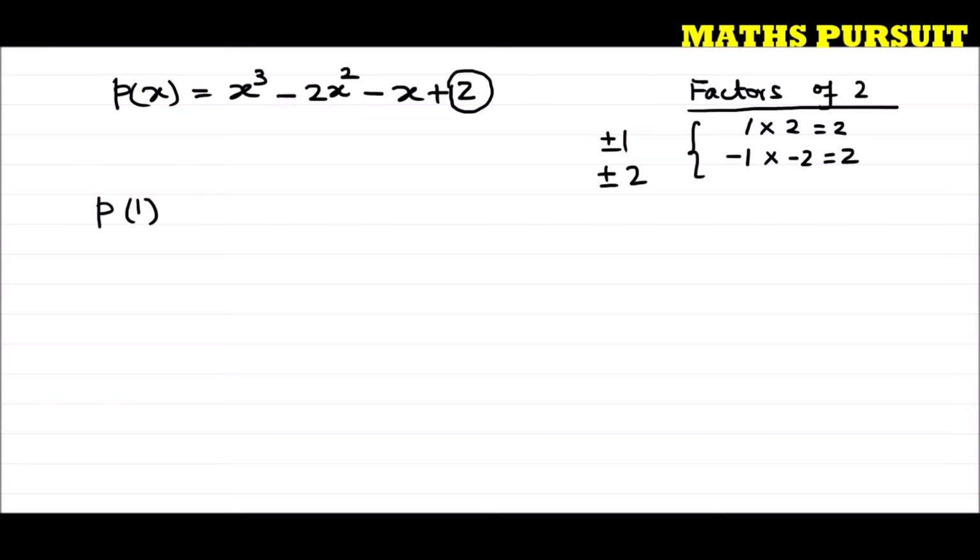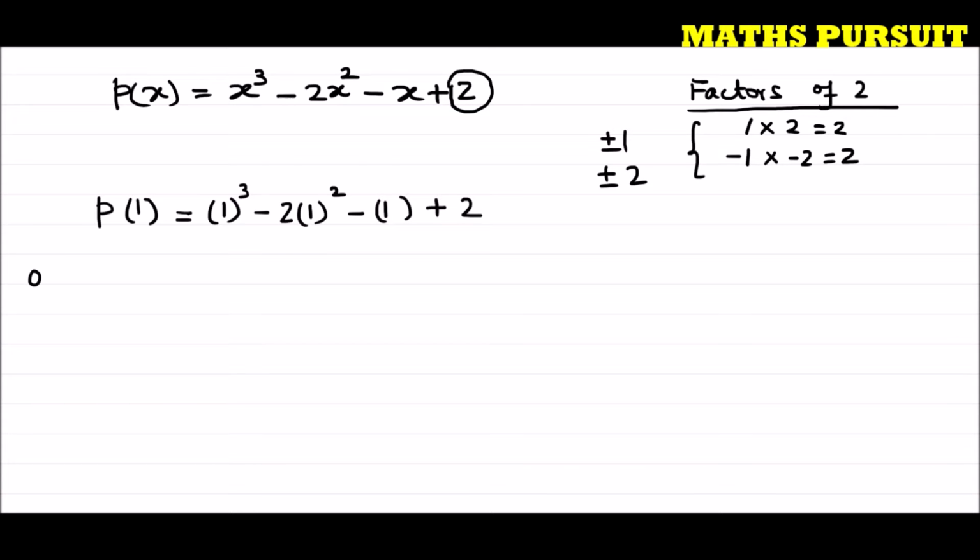Now, I am going to start with p(1). That means when x is equal to 1, or replacing the value of x with 1, I can write p(1) is equal to 1 to the power 3 minus 2 into 1 to the power 2 minus 1 plus 2.